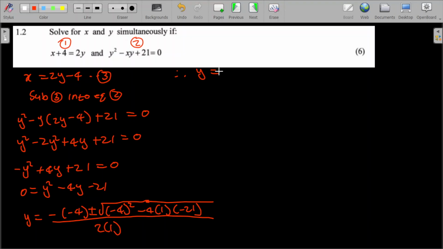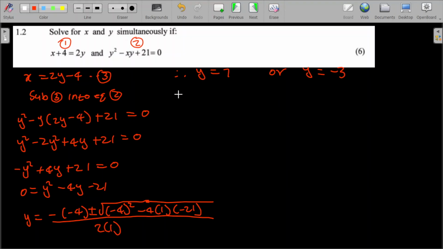So negative 21, and 2 into 1, oh sorry, into 1. So my first y is 7, and my other y is negative 3. Again, we're solving for x and y.